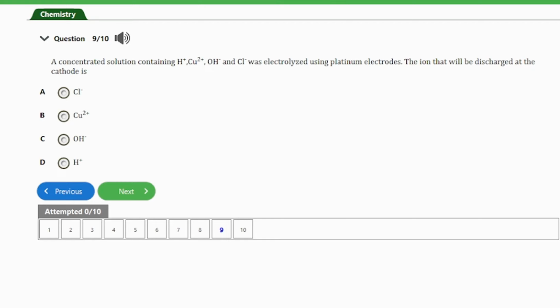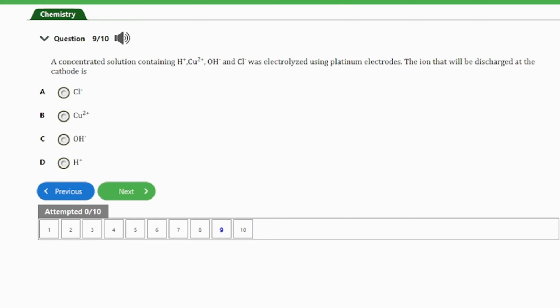It says, a concentrated solution containing hydrogen ion, copper ion, hydroxyl ion, and chloride ion was electrolyzed using platinum electrode. The ion that will be discharged at the cathode is A, chloride, B, copper, C, hydroxyl, and D, hydrogen ions.